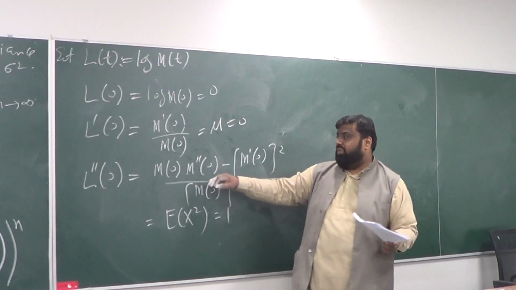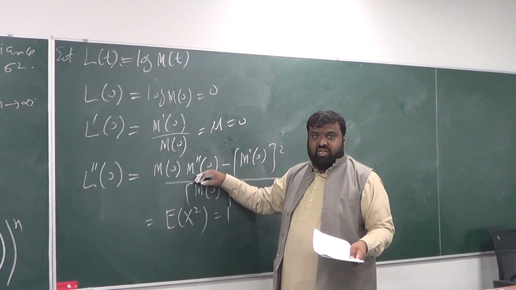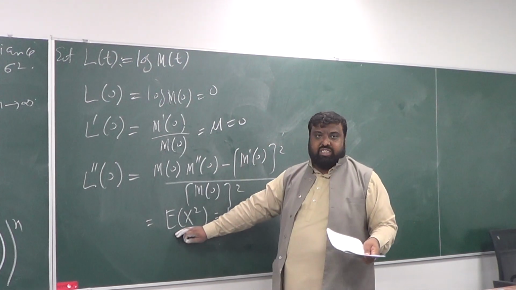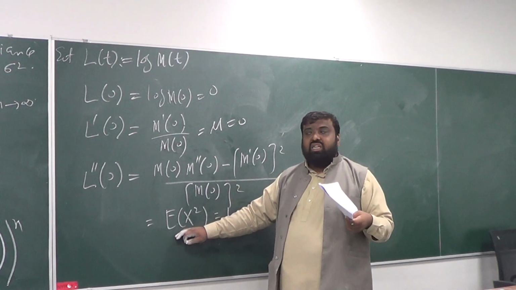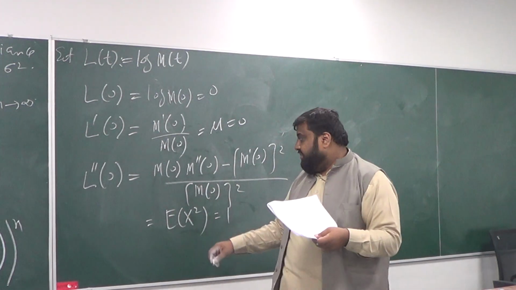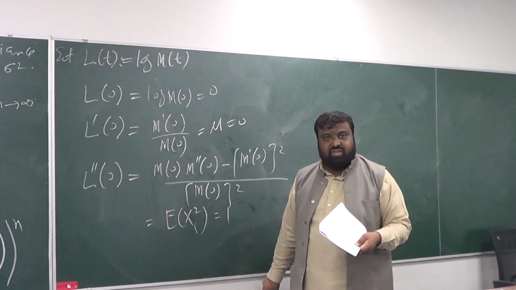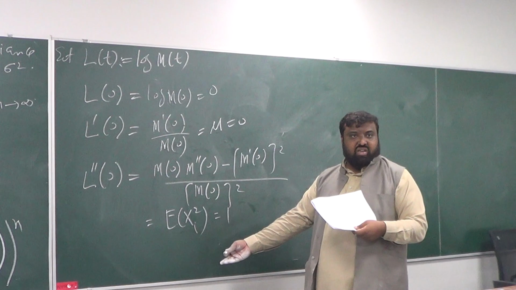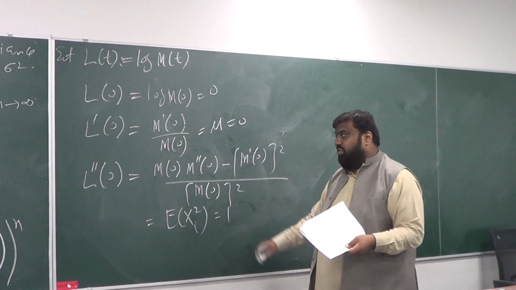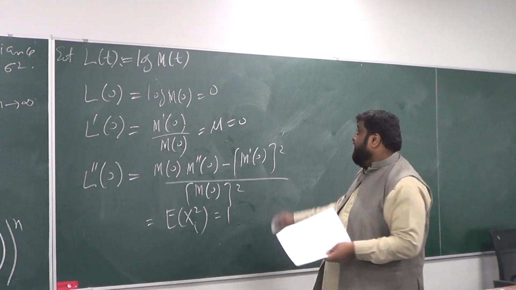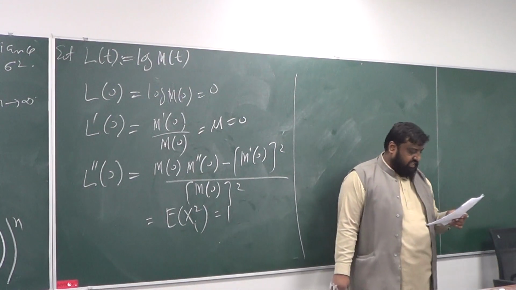So m double prime of 0 is giving you the expectation of x squared. Sir, we have taken variance to be 1. Okay. So xi squared actually. We have taken variance to be 1, and the expectation of x, whole squared, is 0. So therefore, you're going to get this equal to 1. Yes. So you already reached there. Okay. It's not difficult.